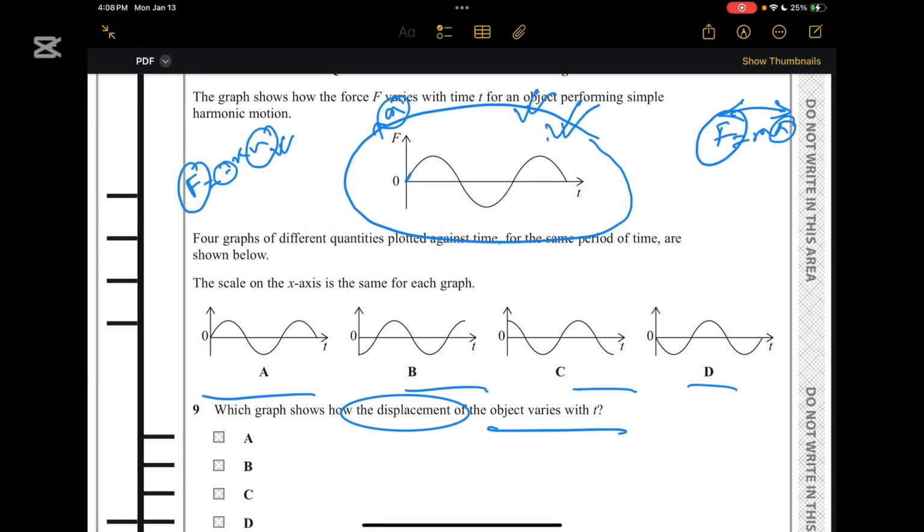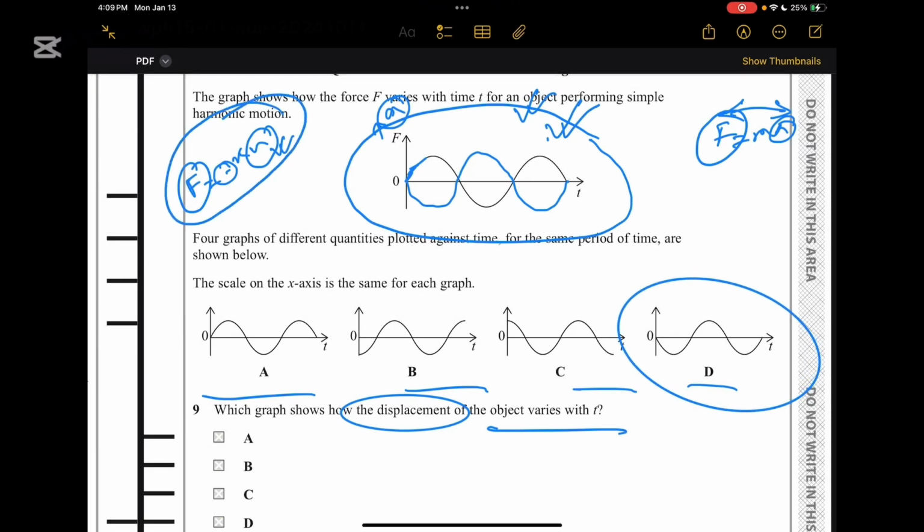It is starting from here and going like this. The graph will be like this. So basically, D is our correct answer. According to F is equal to minus kx, the displacement is the negative of the force. So we can say this graph will be a negative sine graph. So our correct answer will be D.